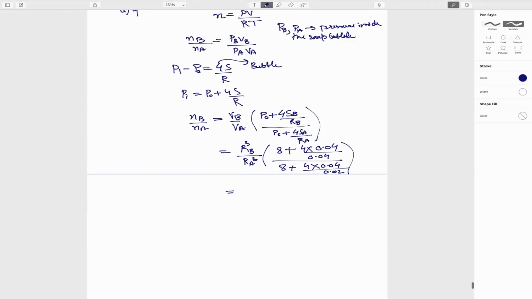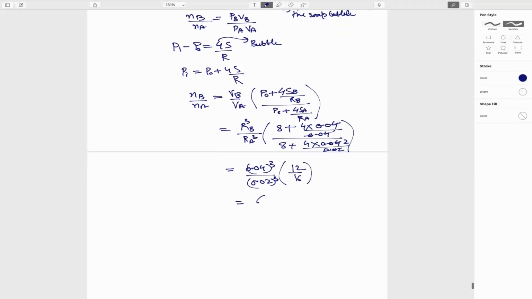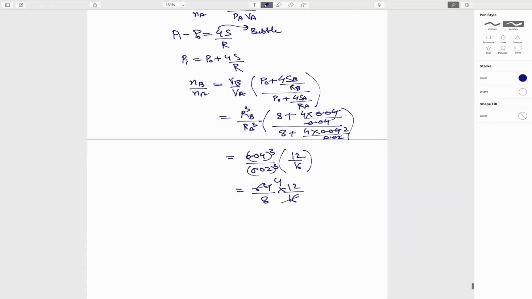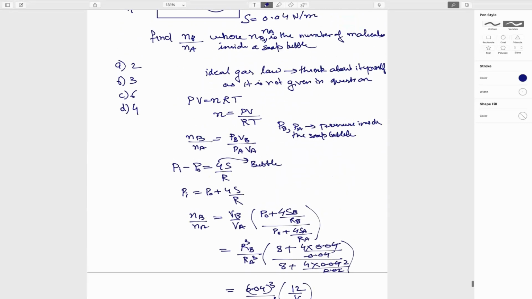And R_B is 0.04 cube divided by 0.02 cube, into 12 divided by 16. So 64 divided by 8, into 12 divided by 16, which is 2 times 12 divided by 4, so answer is 6.